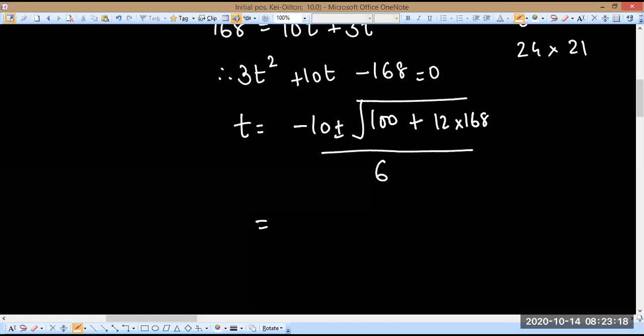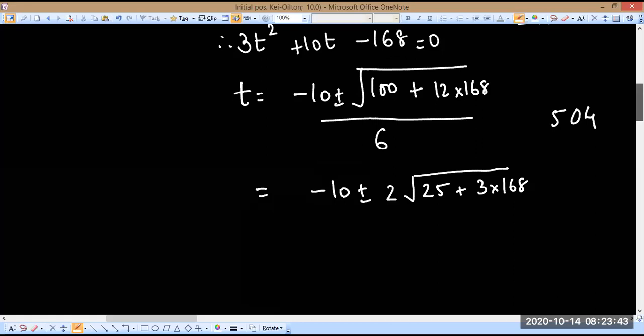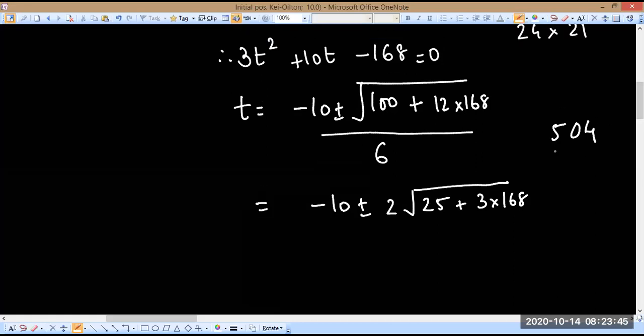Okay. So from here you can take a 4 out, right? So 3 into 168 is finally 4 and carry 1 9 20 0 carry 2 504. So something very strange is coming. We're getting 504.